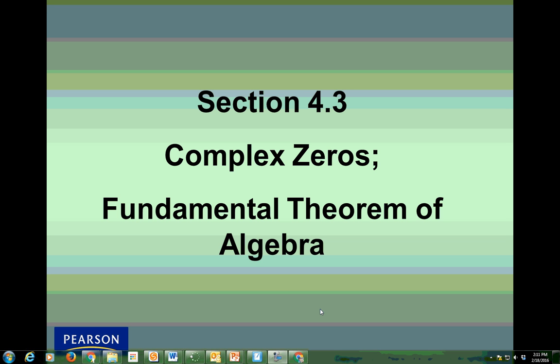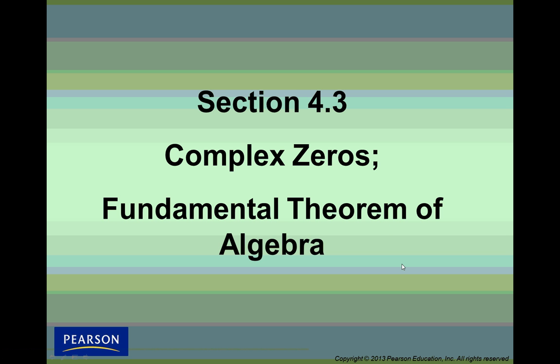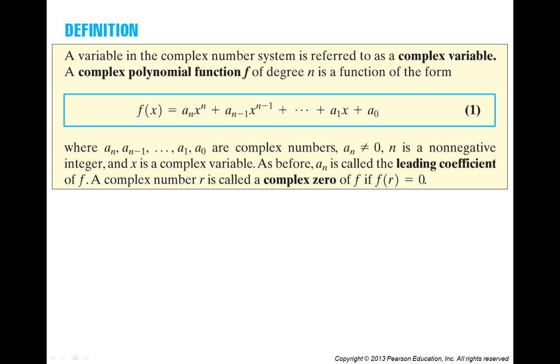All right, so this is section 4.3, Complex Zeros, Fundamental Theorem of Algebra. So we are going to talk more about zeros. A variable in the complex number system is referred to as a complex variable.